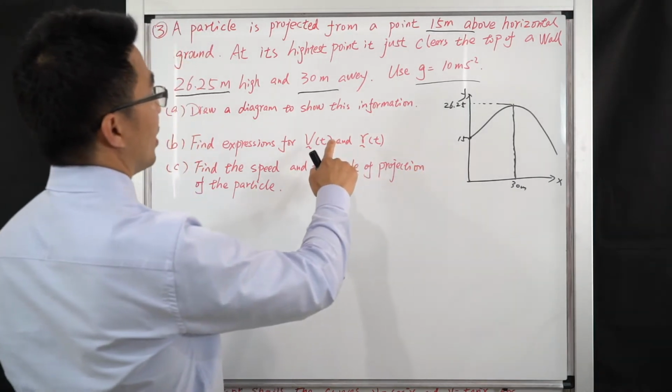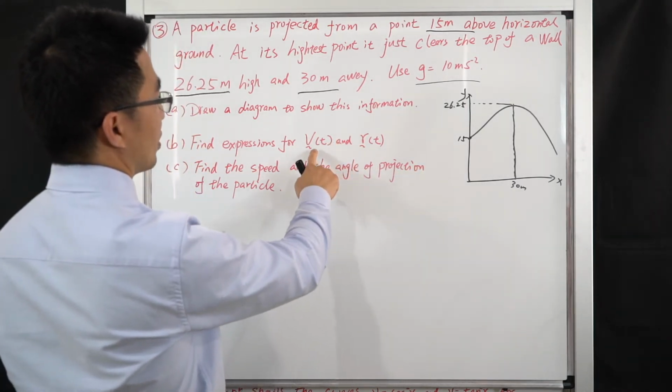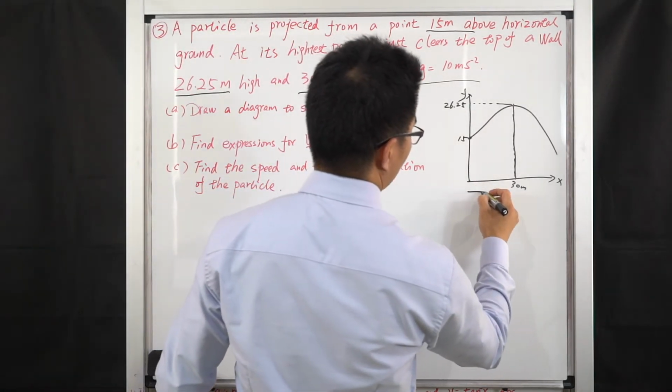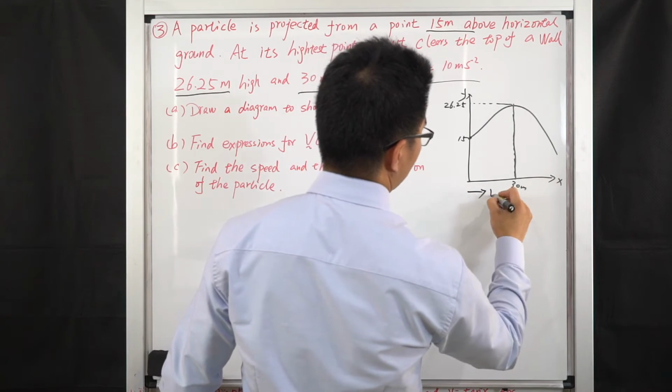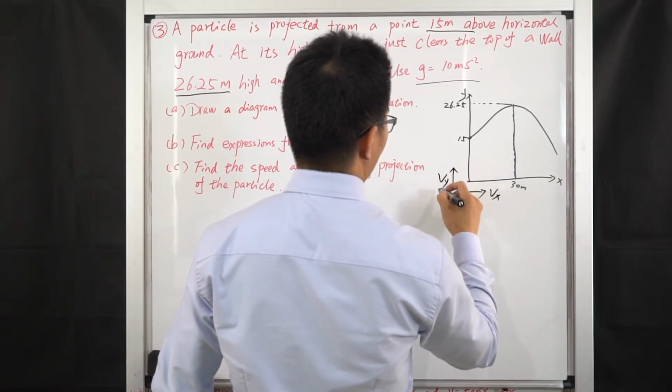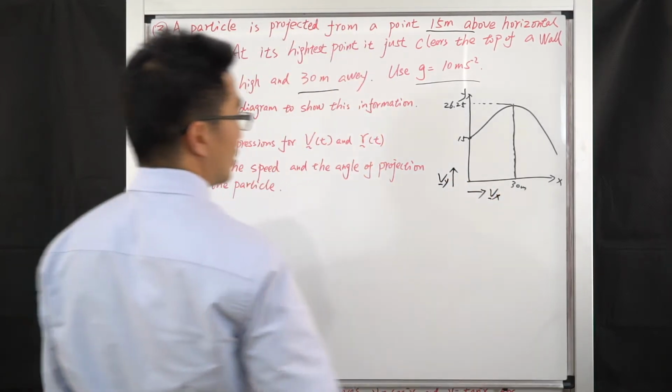Since we don't have any values for the velocity, we can set the velocity in the x direction as vx and in the y direction as vy.